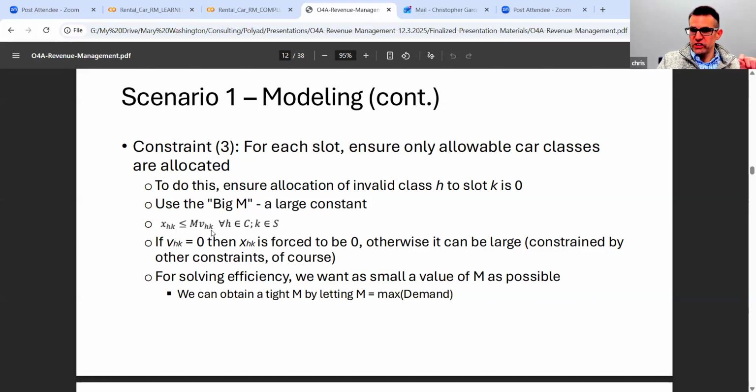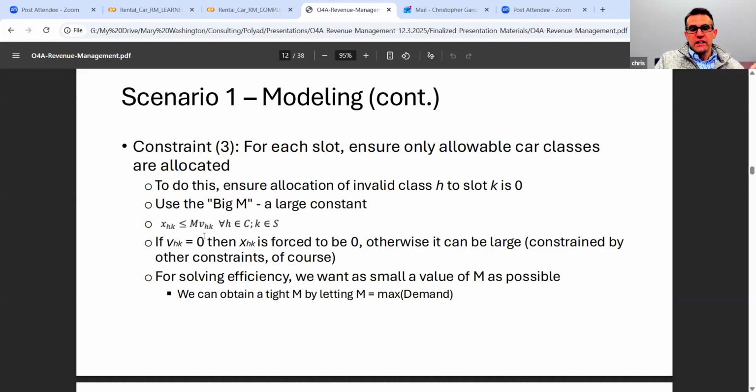Now remember, VHK is going to be 0 if the allocation of car class H to K is not allowed, or otherwise it's going to be 1 if it is allowed, right? So if this is 0, even if M is really large, you can see it's going to force my XHK to be 0. And if it is 1, then XHK can basically be allocated as needed.